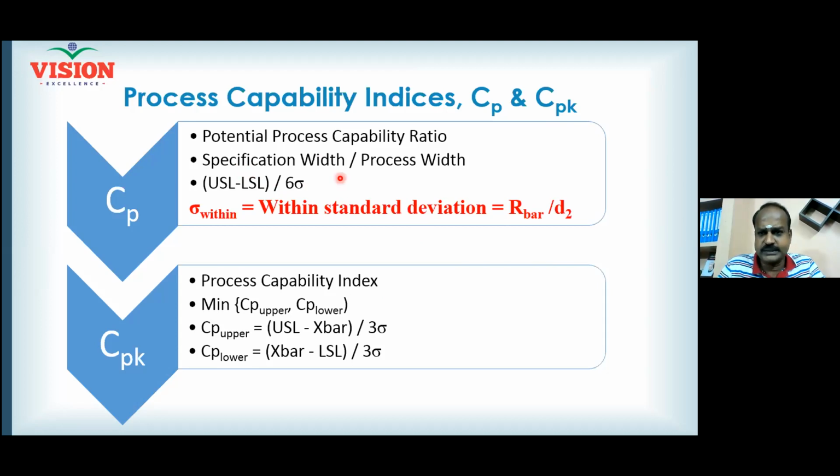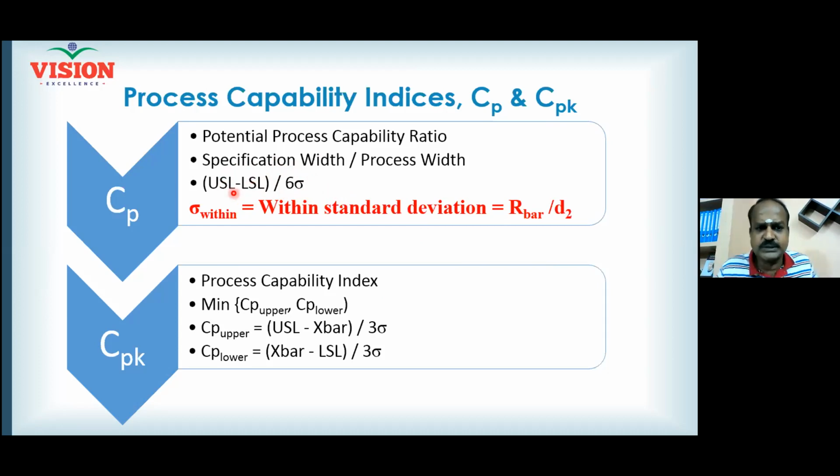How to calculate this Cp first? It is nothing but a ratio between your specification width and the process width. We already thoroughly learned specification width: USL minus LSL. Process width is UCL minus LCL, which is 6 times sigma.